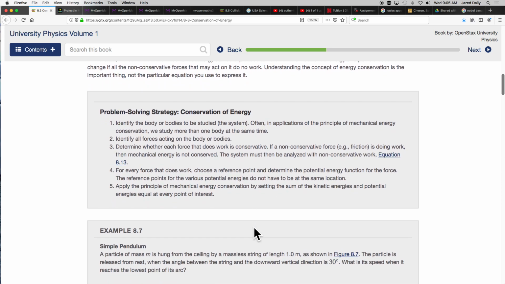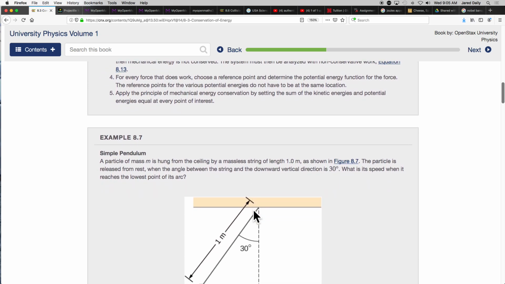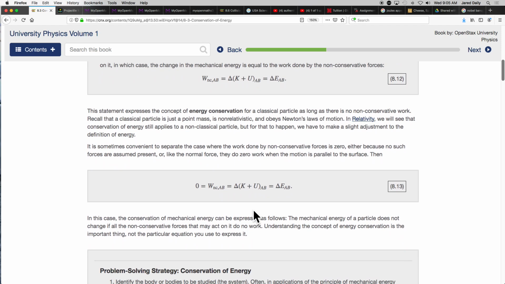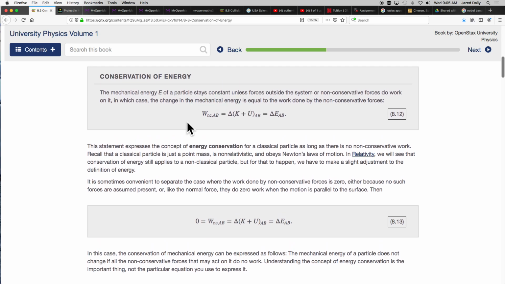What you want to do is be able to recognize which forces are going to be doing conservative work, which ones are going to be doing non-conservative work, and then you want to set up an equation, because the equation for energy and work looks like this, where you have the non-conservative work on one side of the equation. This is a better version.